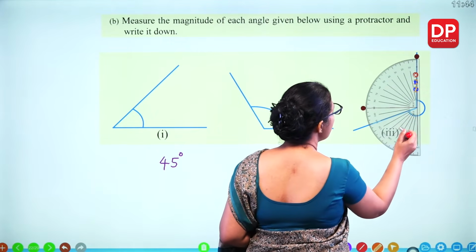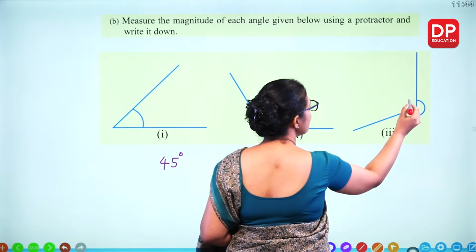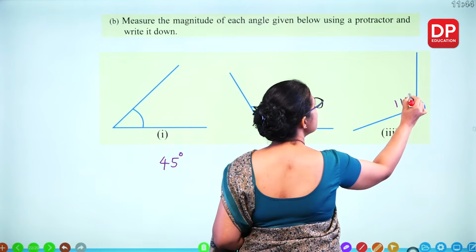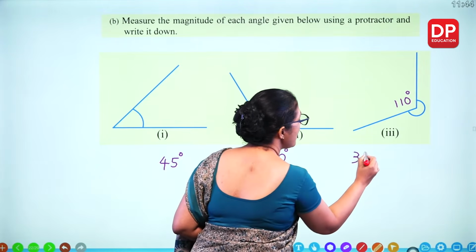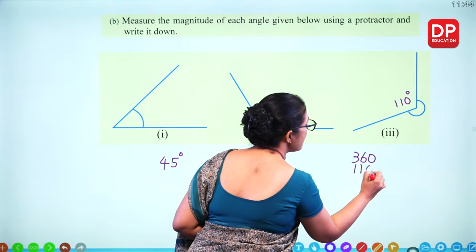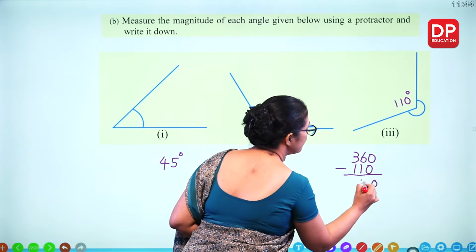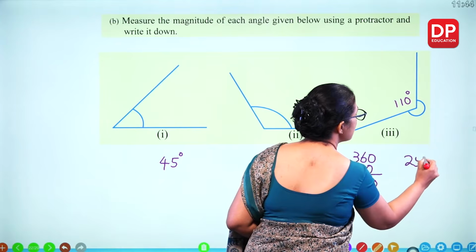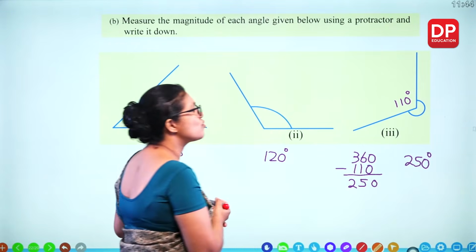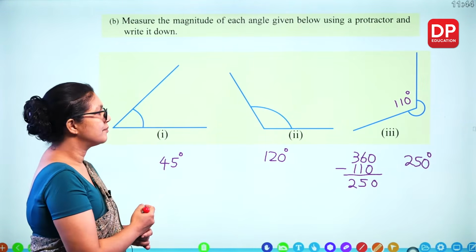Obtuse angle is 110. So how do you find out the reflex angle? 360 minus 110 is 250 degrees. So this reflex angle is 250 degrees.